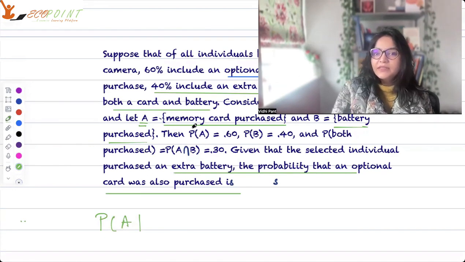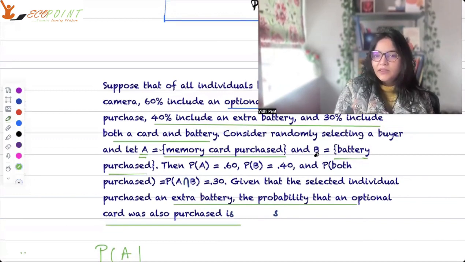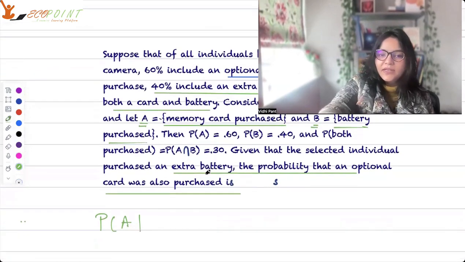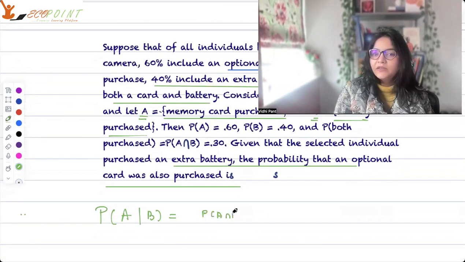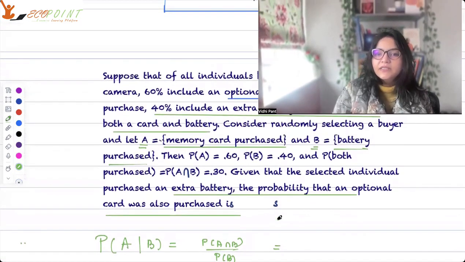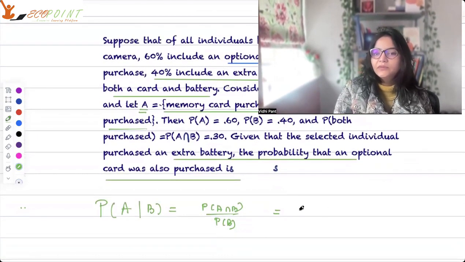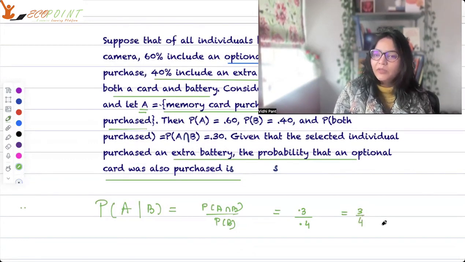Extra battery is event B. So we need to find the conditional probability of A given B. That will be probability A intersection B upon probability B. Now what is provided to us is that the intersection is 0.30. So 0.3 upon what is the probability of B? It's 0.4. That means 3 by 4 is the required probability.